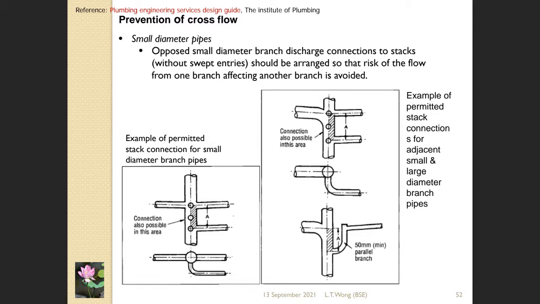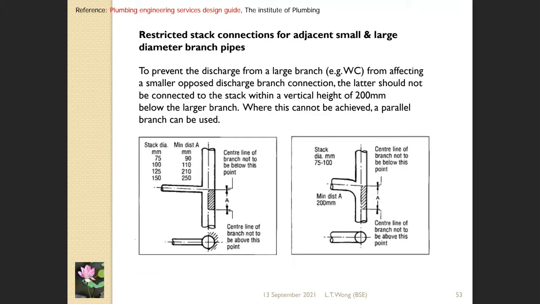If unavoidable, there are special fittings for the connection. Here there are also some dimensional requirements, whereas we need to avoid the branch pipe connection to the stack. Some sort of restriction.